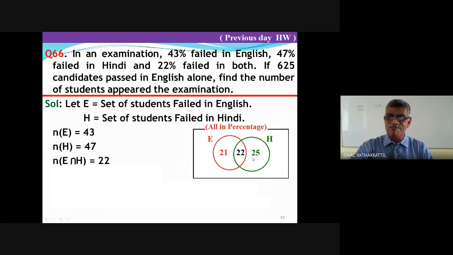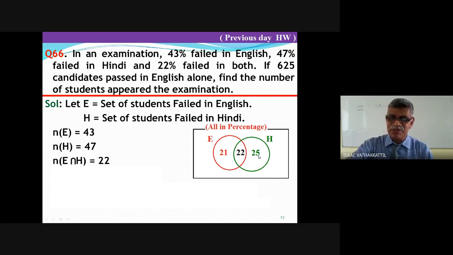These given data are of failed candidates. 25% failed in Hindi alone. That means 25% of candidates passed in English alone. That number is given: 625. See, the question is very simple.